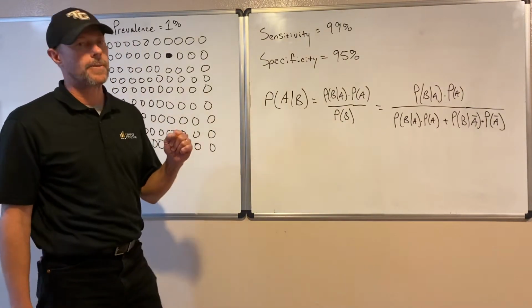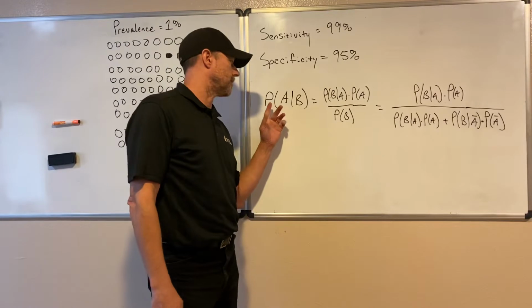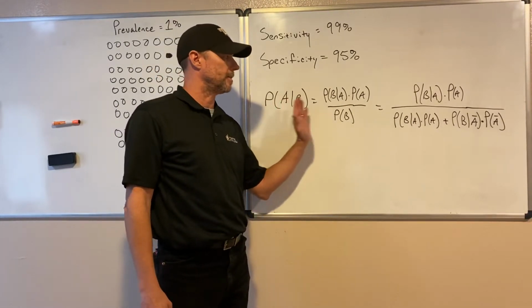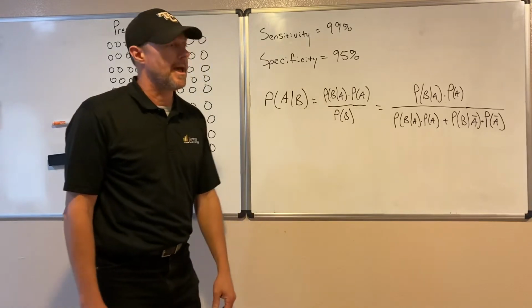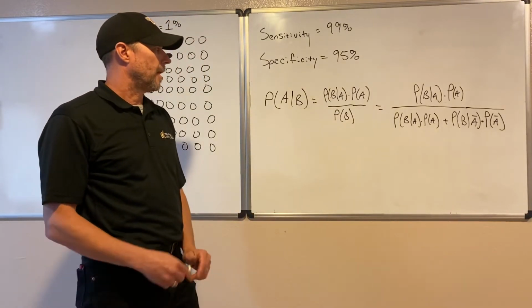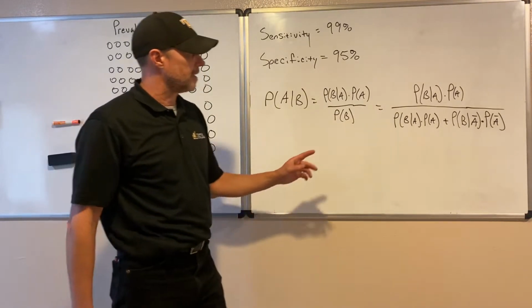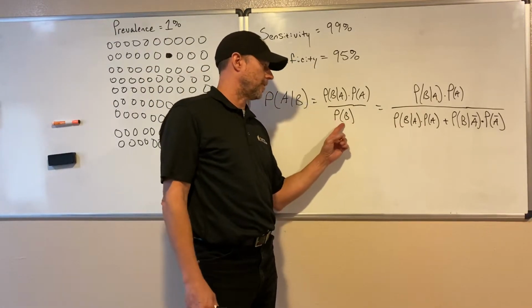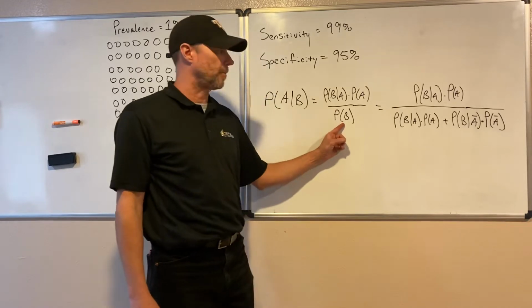We're going to use Bayes Theorem. Bayes Theorem says that the probability of A given some information is equal to this formula. And this formula is kind of scary, really scary looking, because finding the probability of the given event, there's a couple of ways to do it.